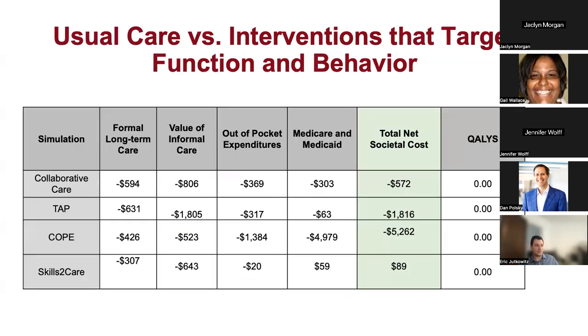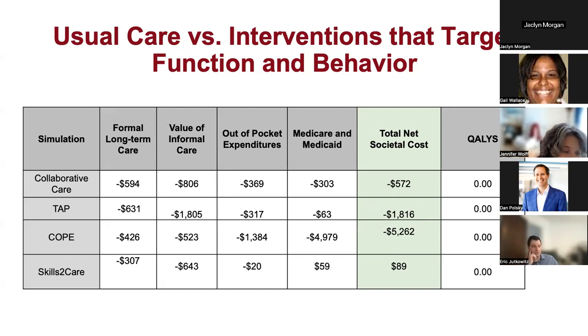In the interest of time, I'll just skip to the results. These are the interventions that targeted either function and behavior. We broke out costs by who's responsible for that. And then we also calculated the total net societal cost. So each row is comparing the intervention relative to its own usual care. And so collaborative care, for example, resulted in a total net savings of $572, even after accounting for the intervention cost.